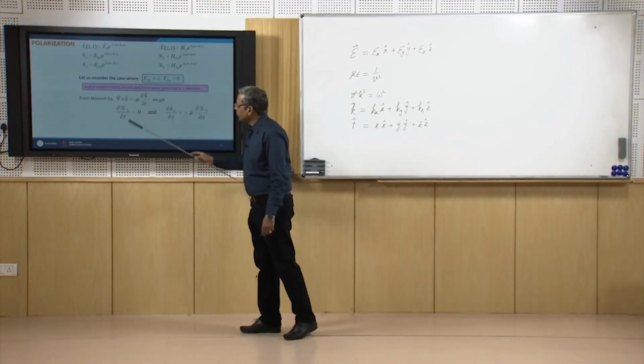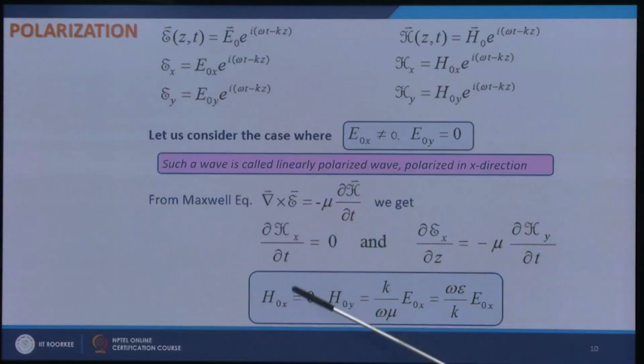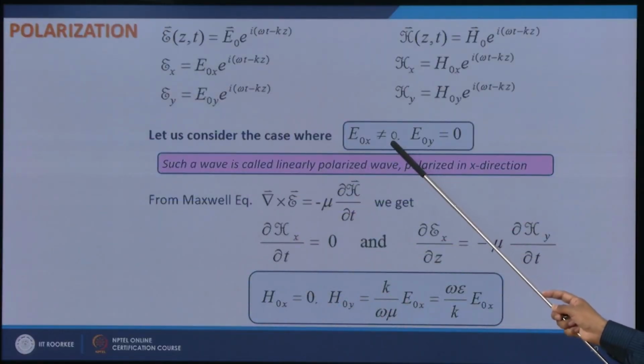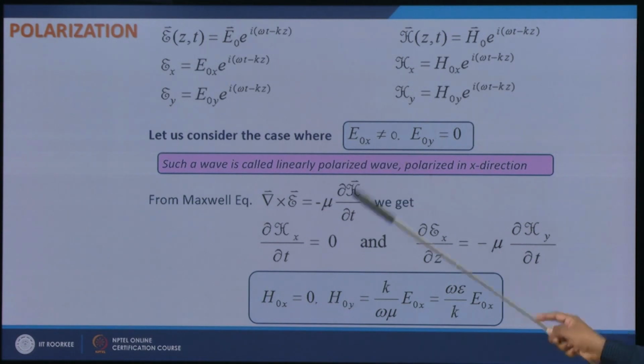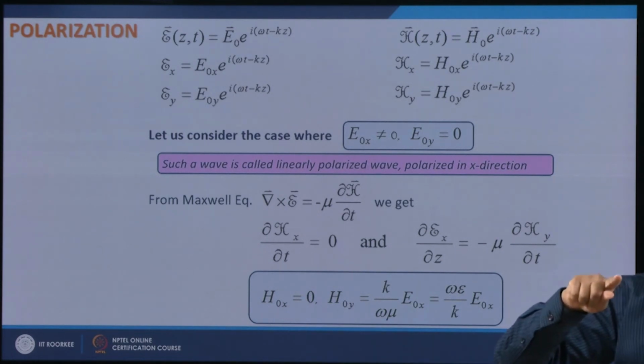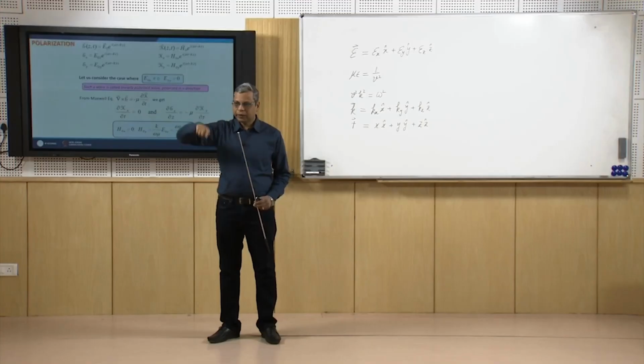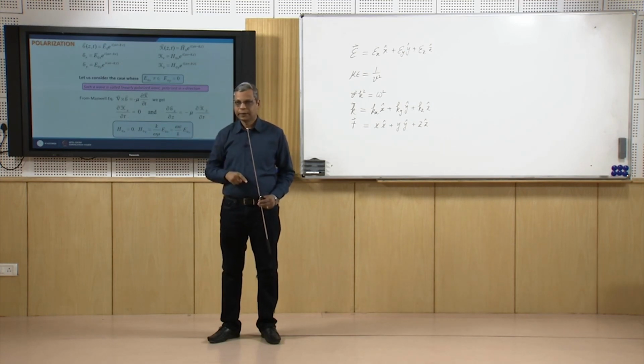This gives me that H0x is equal to 0, which means that if Ex is non-zero, then Hx would be 0, first thing. So, if the wave is polarized along x, that is electric field vector is vibrating along x, then there is no component of magnetic field vibration in x.